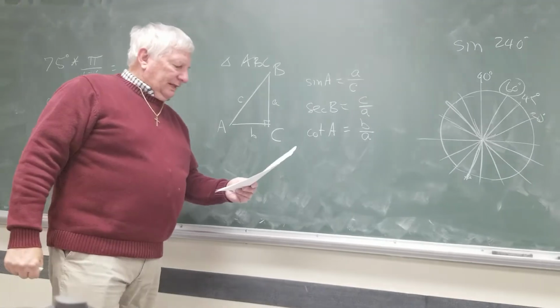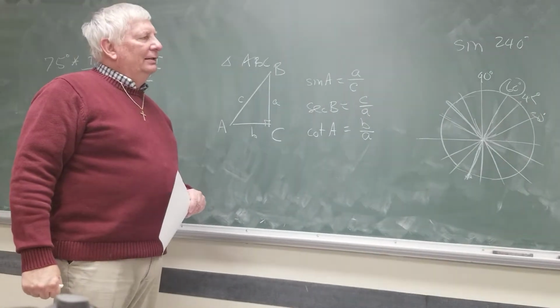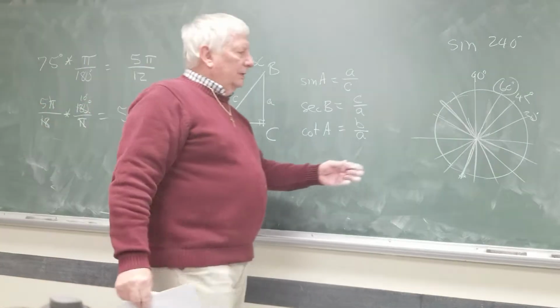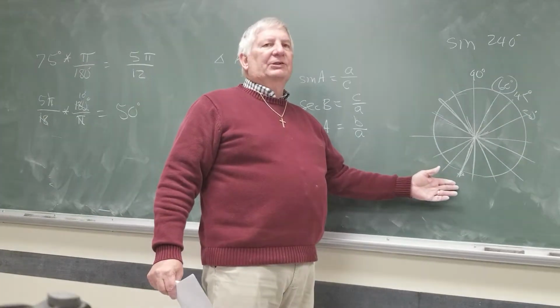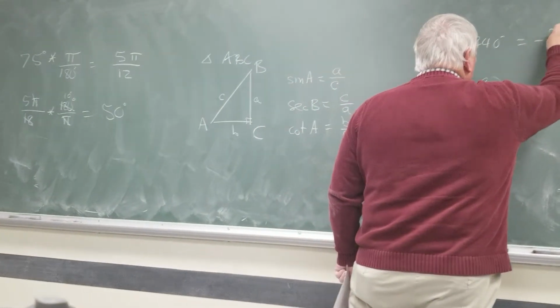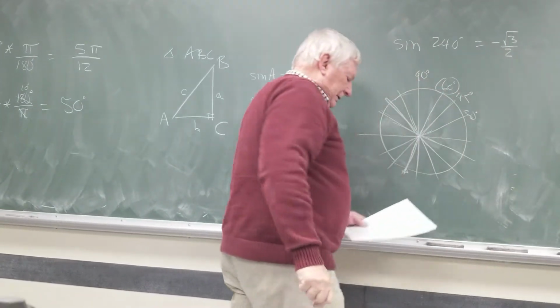And we know that the sine of 60 is square root 3 over 2. But in the third quadrant, sine is negative. So this is negative square root 3 over 2.